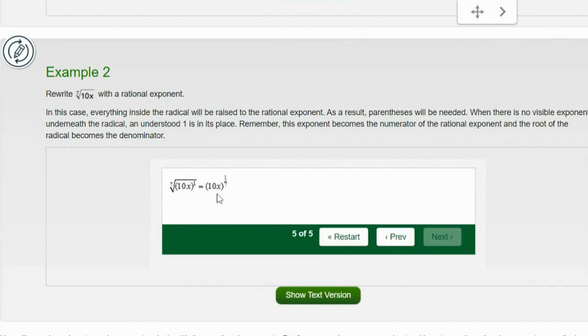So it's 10x to the 1/7. Now notice, since the 10x is underneath the radical, we have to put parentheses around it to say all of this is taken to the 1/7 power, because all of that is underneath.